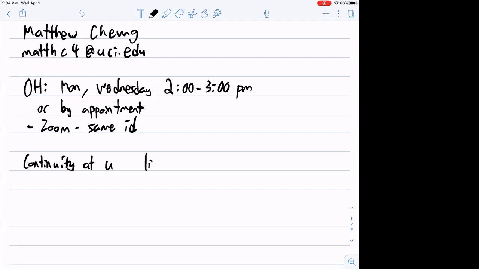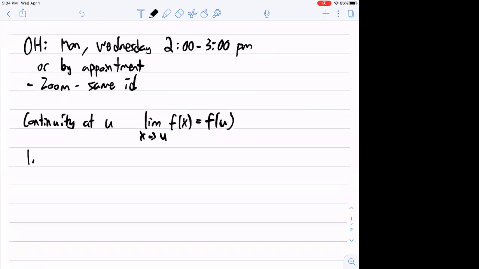There's a limit definition which says the limit as x goes to u of f of x is f of u. When we write this, a priori we're assuming two things. One, the limit exists. And two, not only does it exist, the limit is the value f of u.